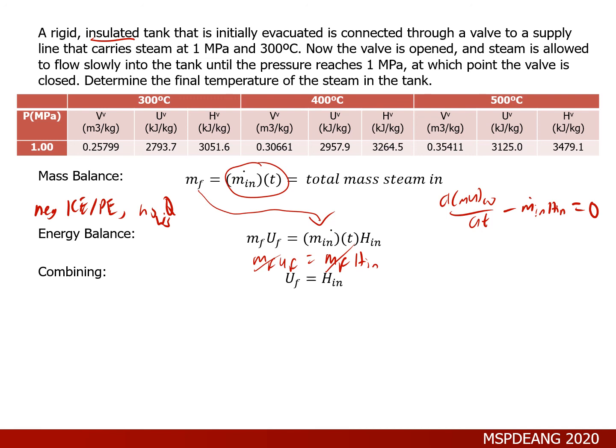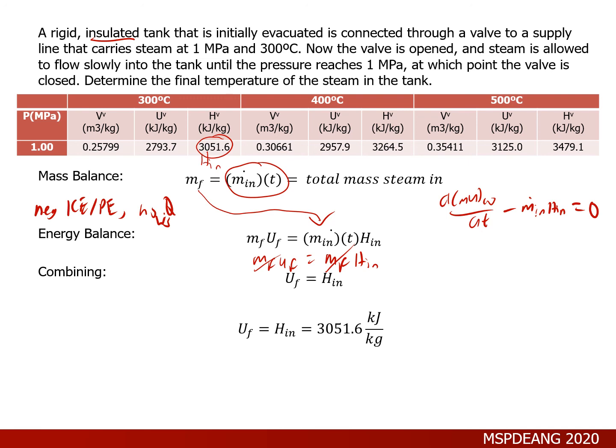Meaning, the final internal energy inside the tank is simply equal to the specific enthalpy of the steam going inside the tank. So UF is now equal to H in, which is 3051.6 kilojoules per kilogram. Okay? So H in natin, ito. This is the value of H in.